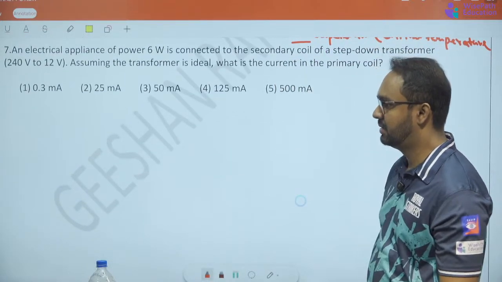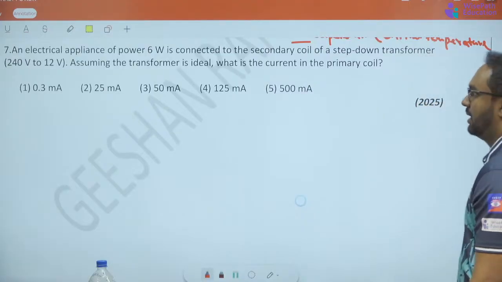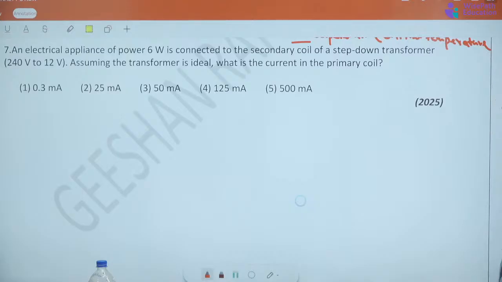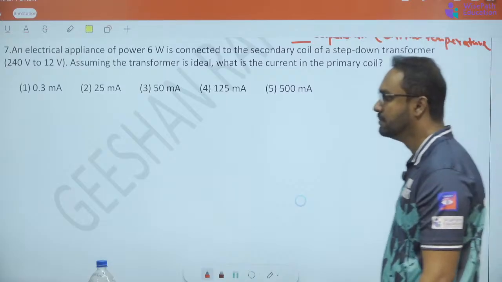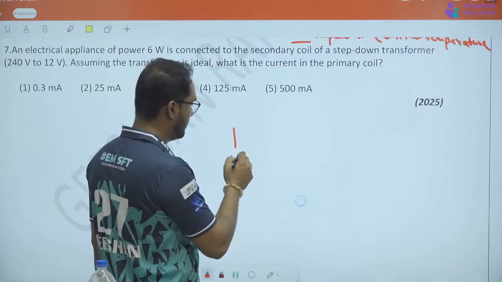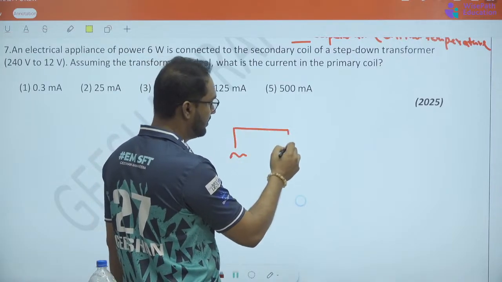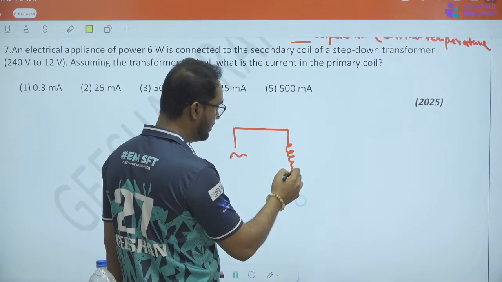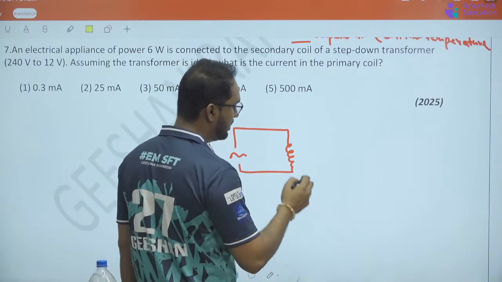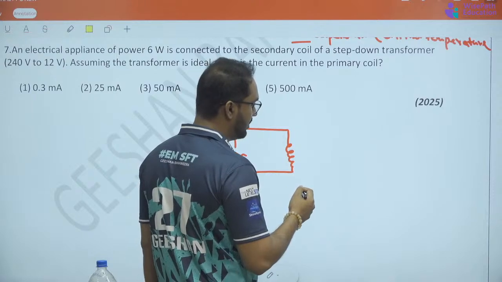Okay, 7th. An electrical appliance of power 6 watts is connected to the secondary coil of a step down transformer. Okay, so a step down transformer. In step down transformers, in the primary coil the number of turns is more.